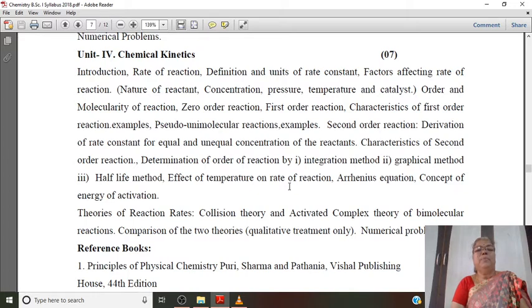Depending on those formulas, you have to solve the problems. This is the syllabus of chemistry, paper number 3, physical chemistry.